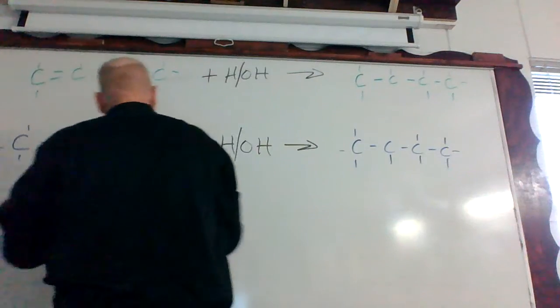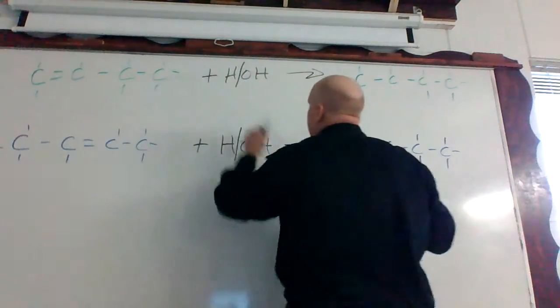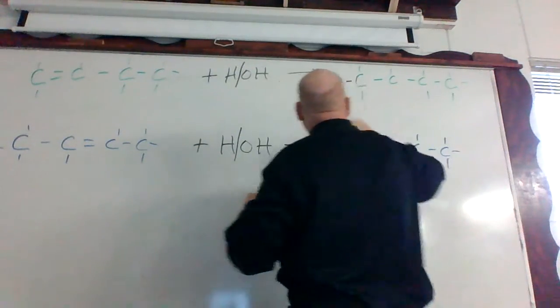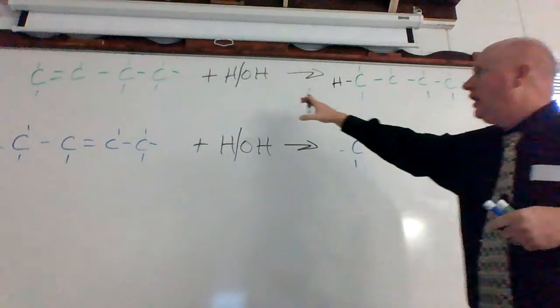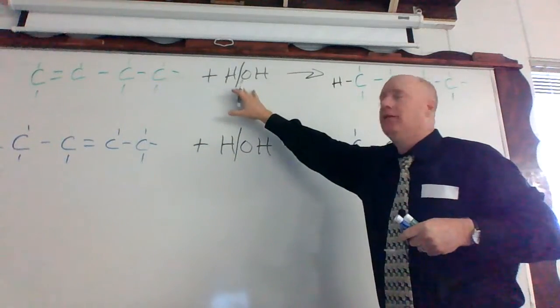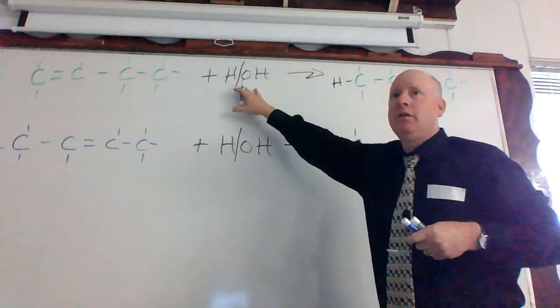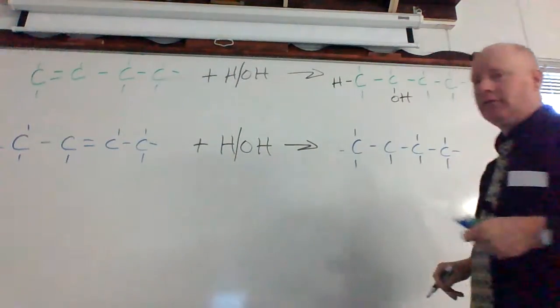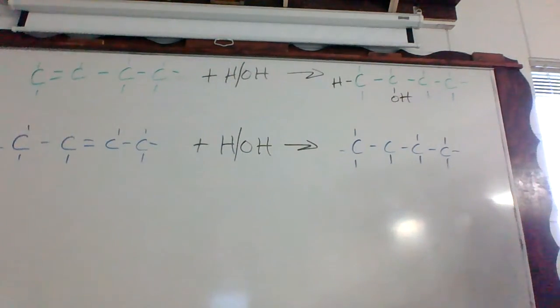Carbon 1 does, so that hydrogen then goes here, okay? Then what's left over in this reagent? An OH. So now we went from an alkene to forming a what? An alcohol. That's right.